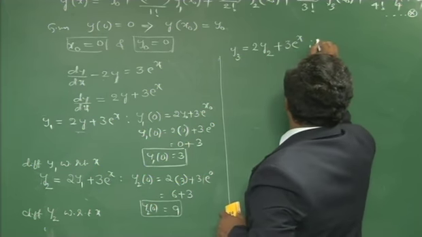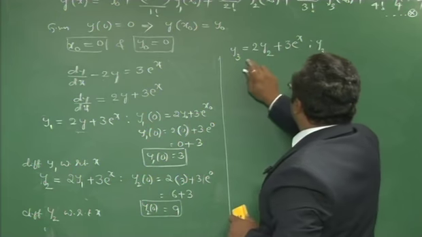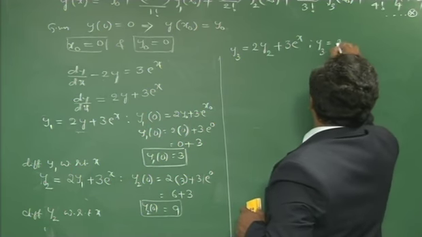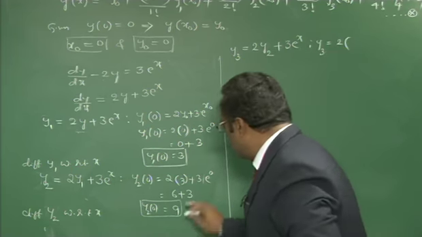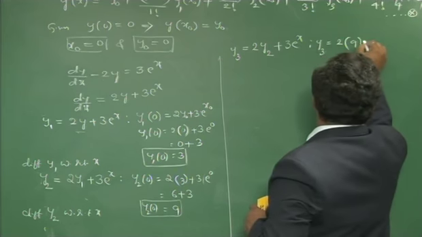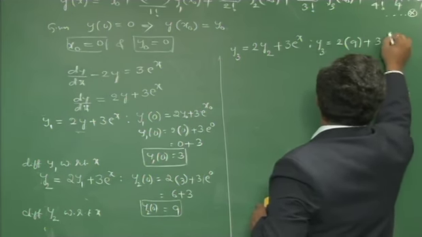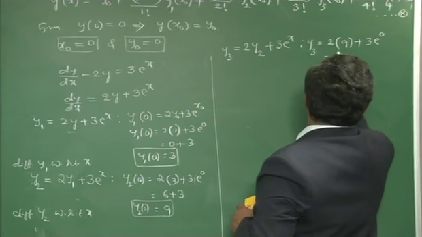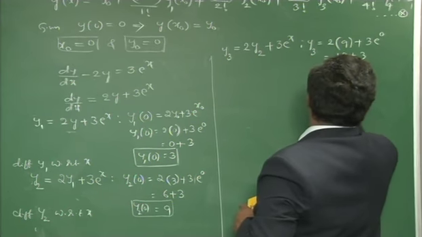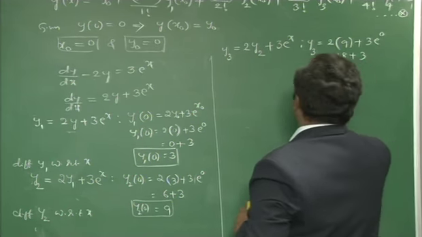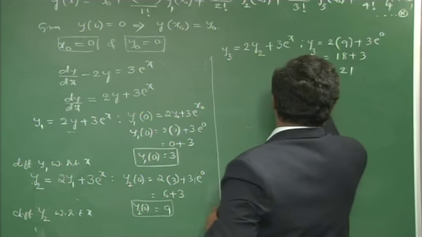Now again you substitute the point, y3 at x naught equal to 0. 2 into the value of y2, which is 9, plus 3 into e power 0. That is 18 plus 3, we have 21. That is y3 of 0.